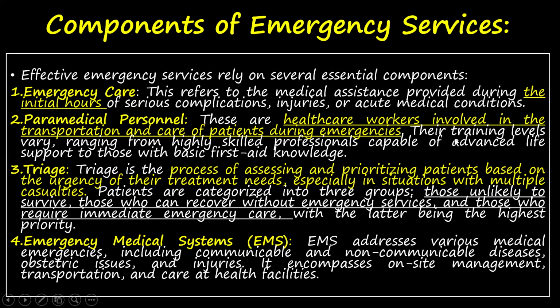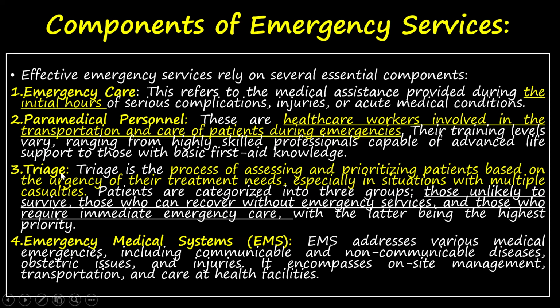And one thing, their training levels vary. So you will always find them inside that ambulance. They are not the same. So their training levels vary, ranging from highly skilled professionals capable of advanced life support to those with basic first aid knowledge. So if you go inside an ambulance, for example, you will find that you have specialists, people who have specialized, but we have people who just have the basic knowledge.